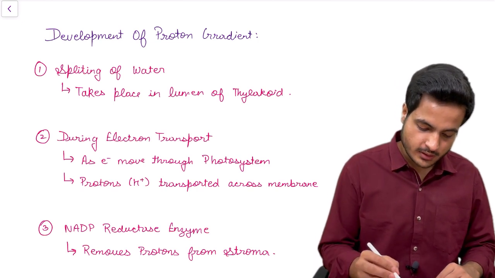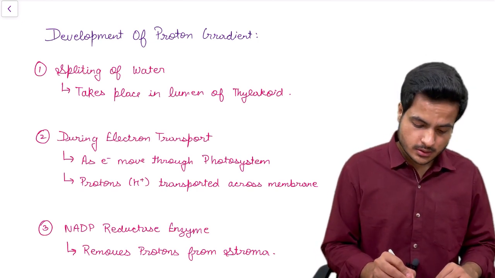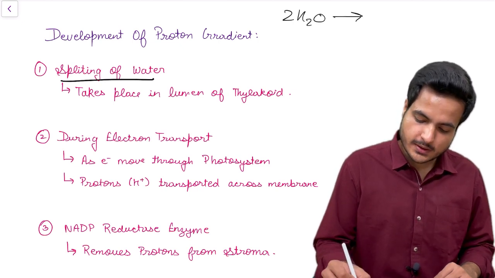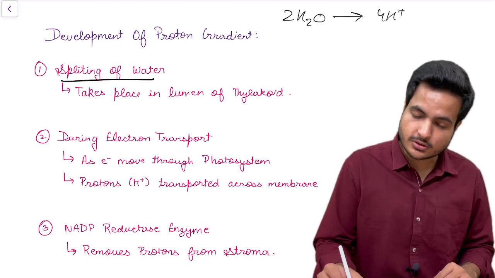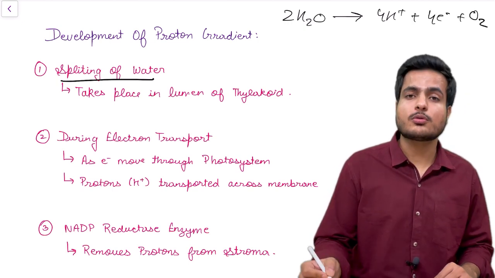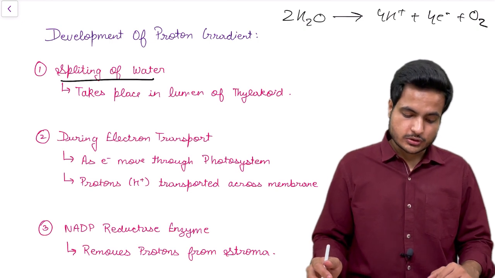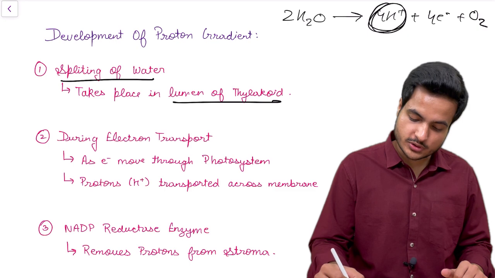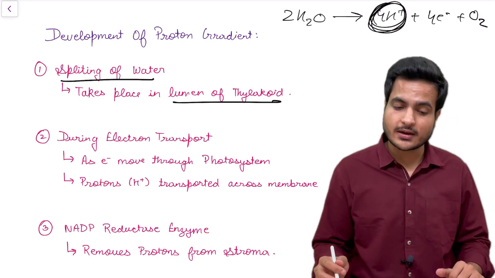First of all, water splitting. Two molecules of water split into 4 hydrogen atoms, or 4 protons, plus 4 electrons and one complete molecule of oxygen. So splitting of water takes place in the lumen of the thylakoid. Therefore, these protons are accumulated inside the lumen of the thylakoid.